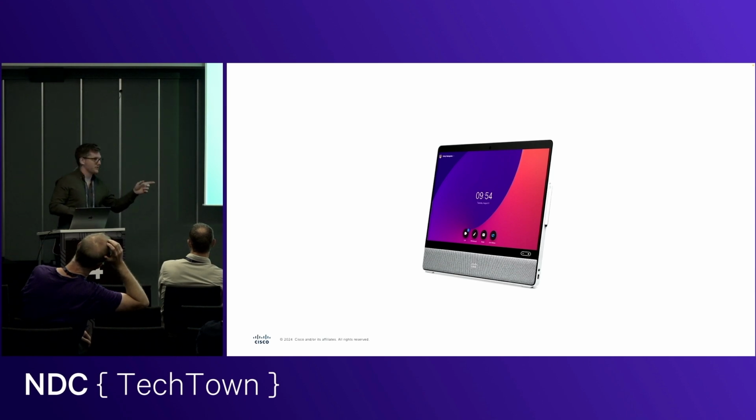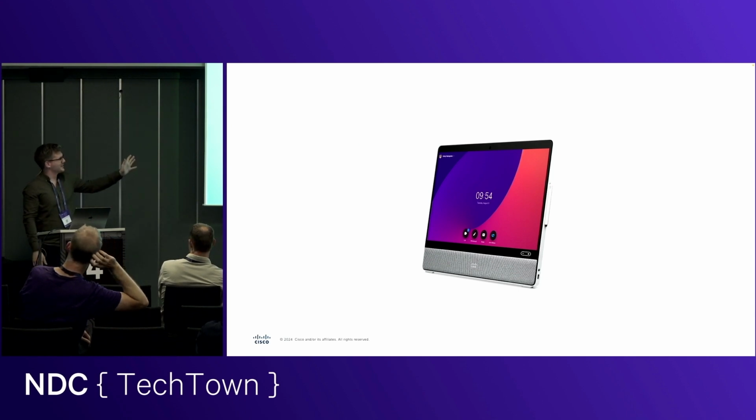released this device, or started developing on this device, or sort of closing in on when it was going to be released. So this is the Desk Pro device, which is a personal video conferencing device that sits on your desk, obviously.